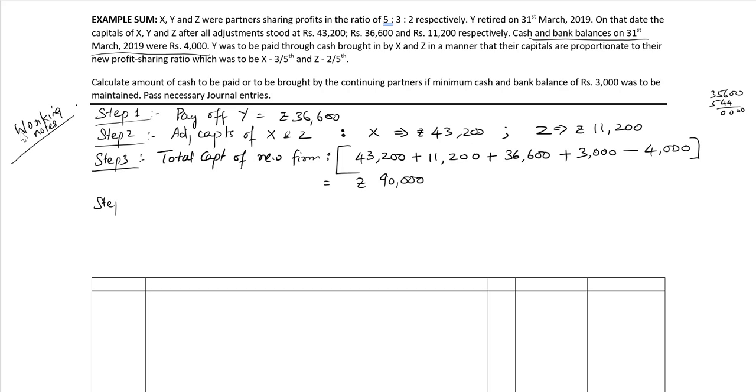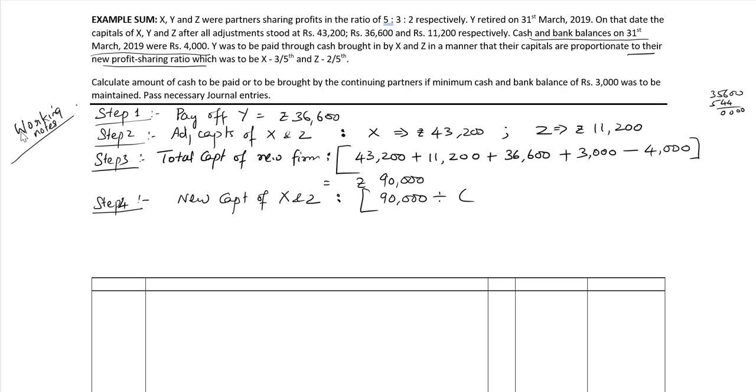Step 4 is to get the new capitals of the continuing partners X and Z, by taking the total capital of the new firm, the answer of step 3, 90,000, and dividing it in their NPSR.